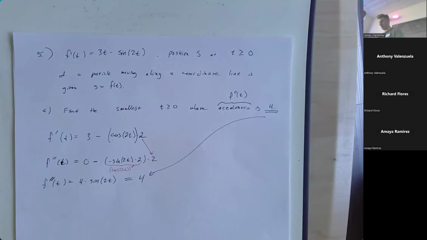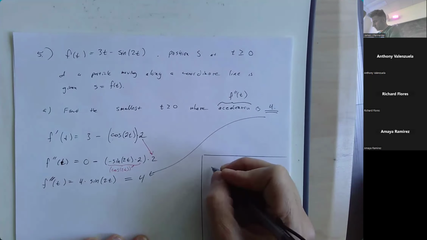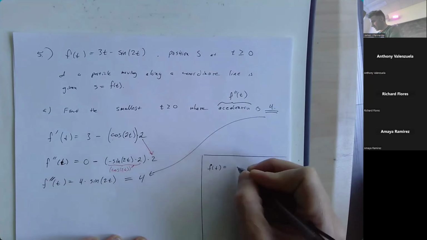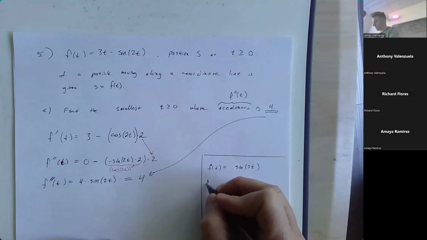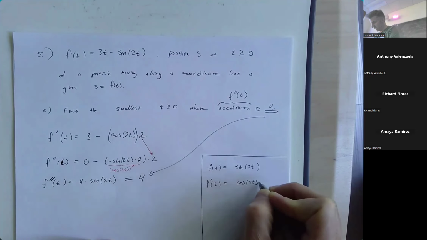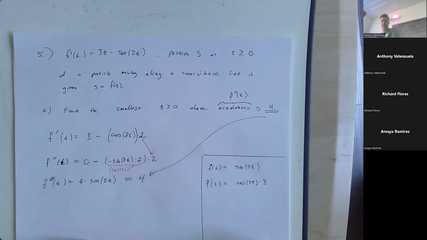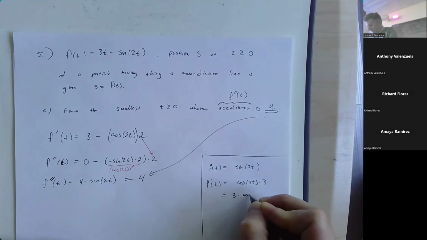The way I'm usually thinking about it: if my function is just sine of 3t, then the derivative is cosine of 3t times 3, cosine of my stuff times the derivative of my stuff, which I would prefer to think of as 3 times cosine of 3t.